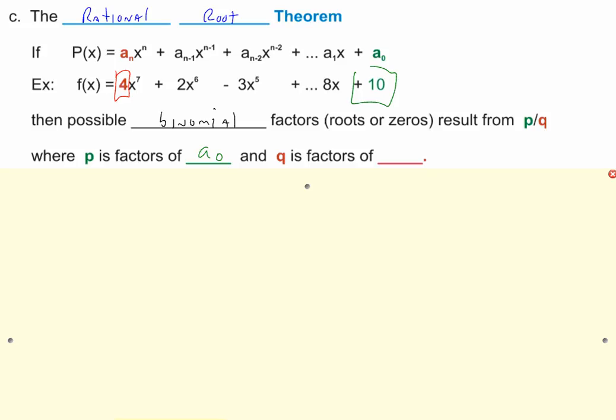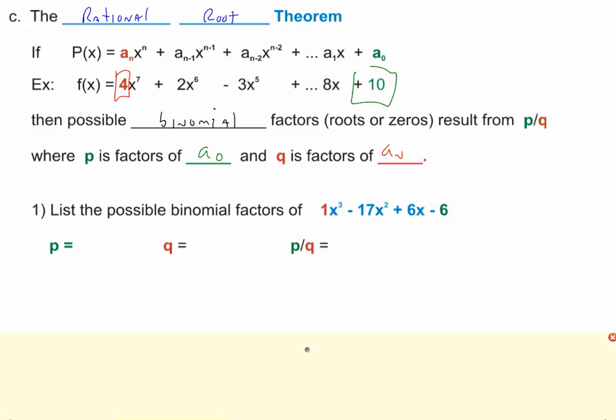And Q is factors of a sub n, the coefficient of the highest power term, which should be the front term. Okay, so we need the factors of the front term and the factors of the back term. And we divide the factors of the back term by the factors of the front term. Let's see how we use it.